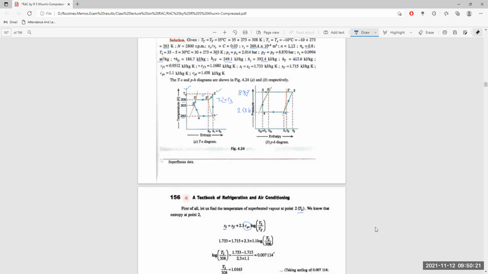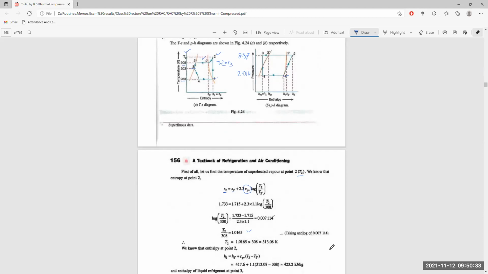These are all known to us except T2. If we put them in and simplify, T2 divided by 302 is equal to 1.016, and T2 becomes 308.3 Kelvin.